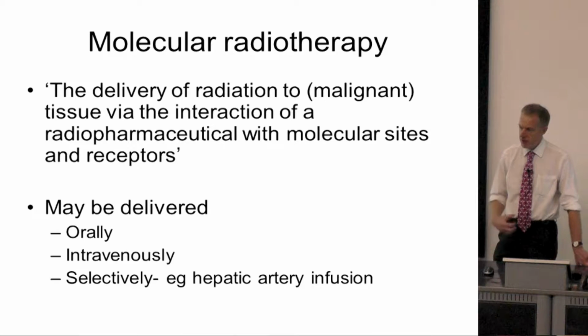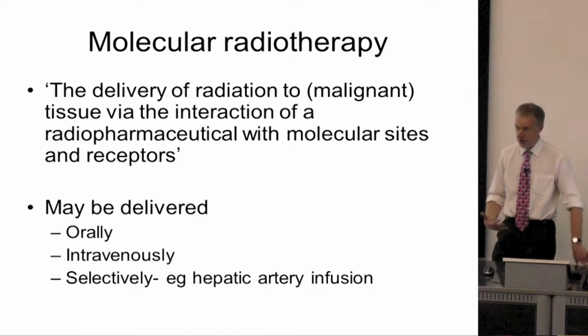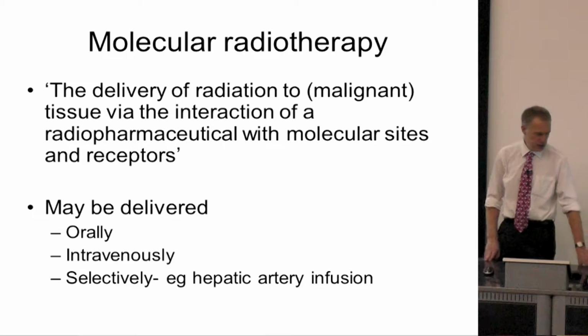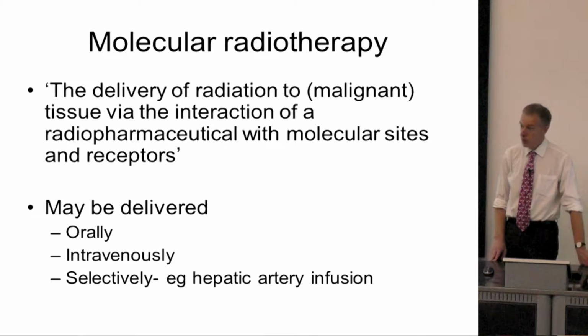It's basically making use of a molecule that has a particular affinity to the tumour so that you can target high doses of radiation internally to the tumour. Rather than with external beam radiotherapy, where it's obviously a machine outside that's switched on delivering the radiation, this is something that we actually put into the patient that delivers internal radiation. And there are a number of routes by which we can give the treatment.